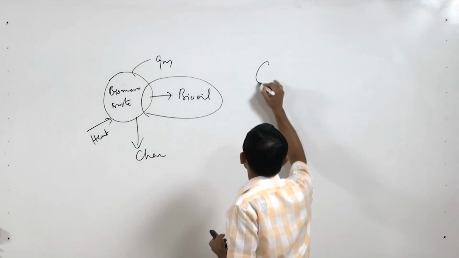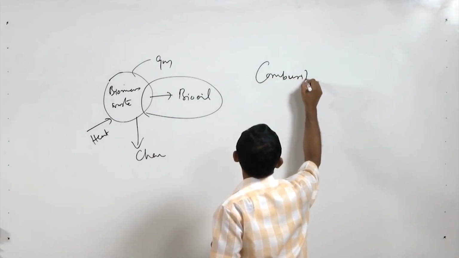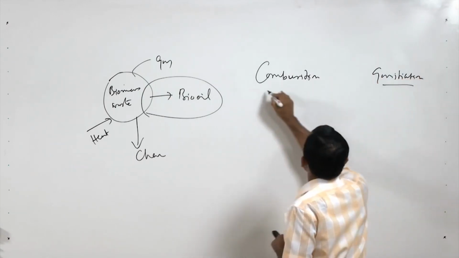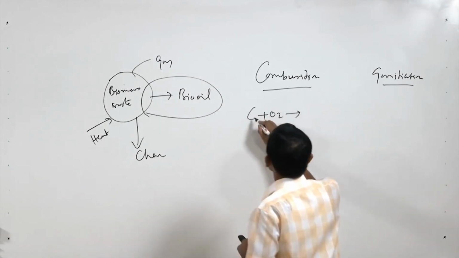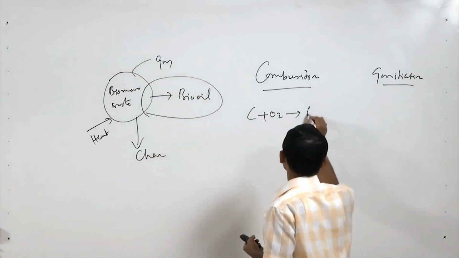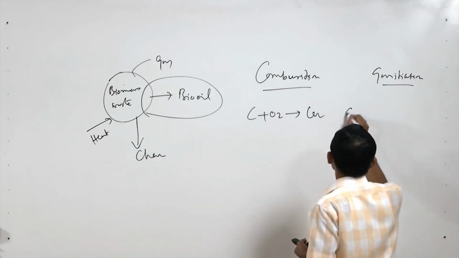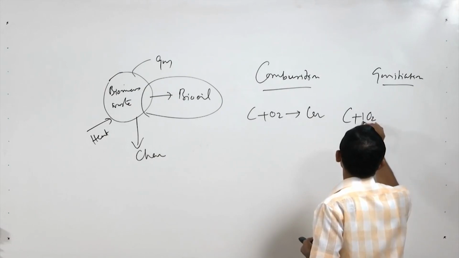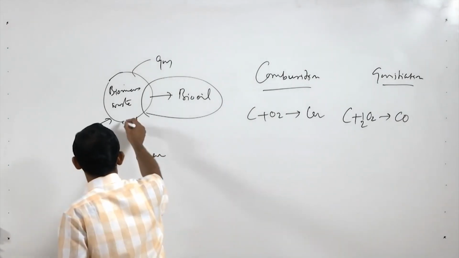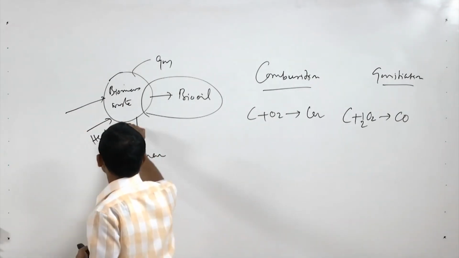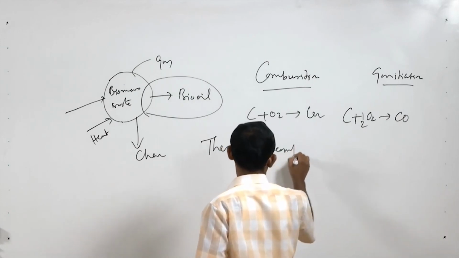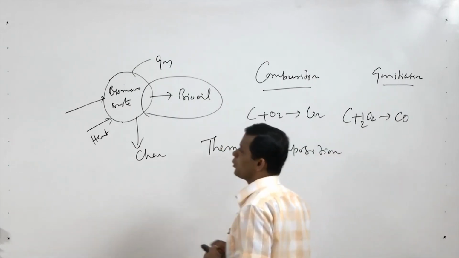If we think about a combustion process or a gasification process, it is very easy to explain: C, the elemental carbon of the material, is reacting with oxygen and converting to CO2, or reacting with oxygen and producing CO. But here there is no medium for conversion, only heat. So, thermal decomposition is going on.